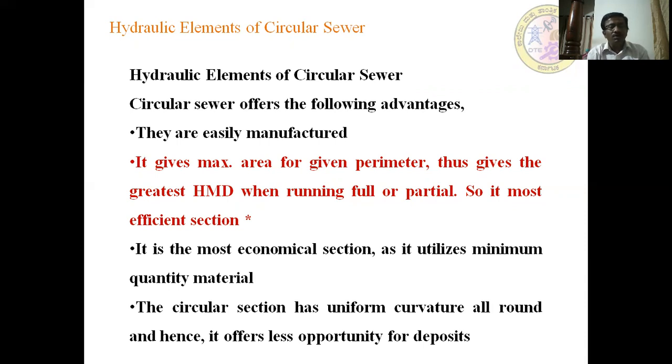Therefore, we usually prefer circular section because the total quantity of materials required for construction of a sewer pipe of any cross-sectional area is less.